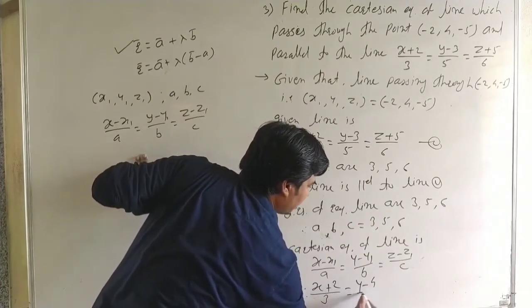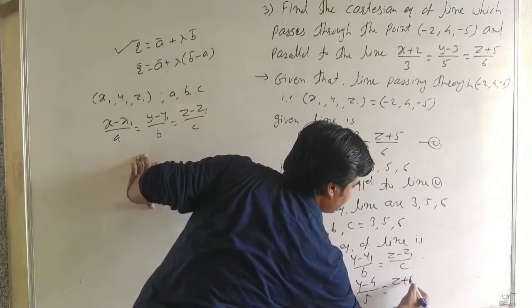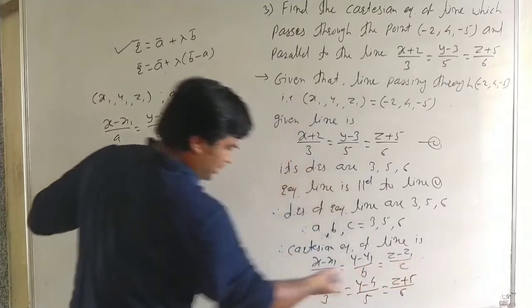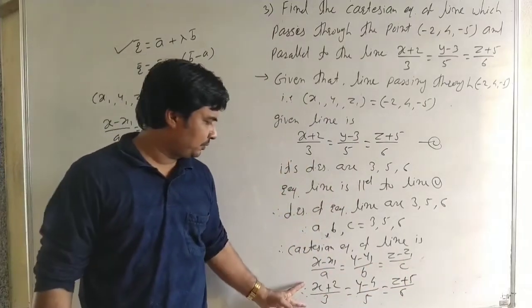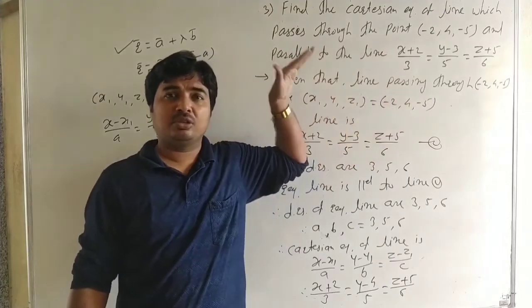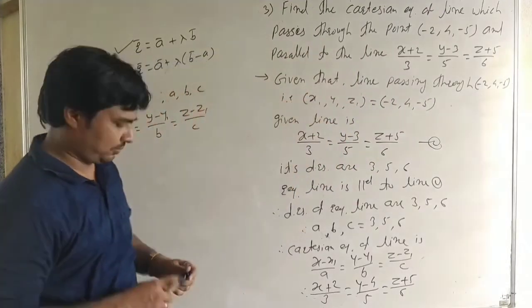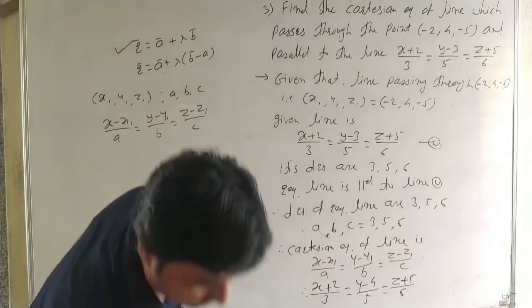Y minus 4 upon 5 and z plus 5 upon 6. It is the required equation of the line. Here the direction ratios are the same, only the point changes, because the lines are parallel. Okay, now we see the next.